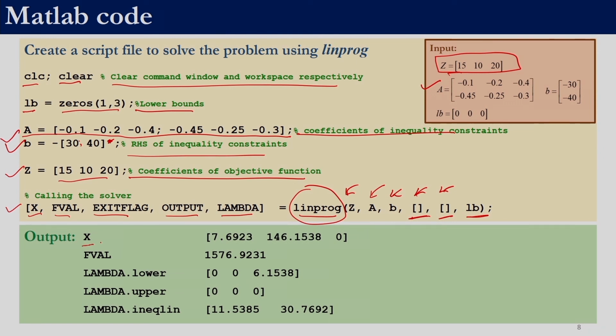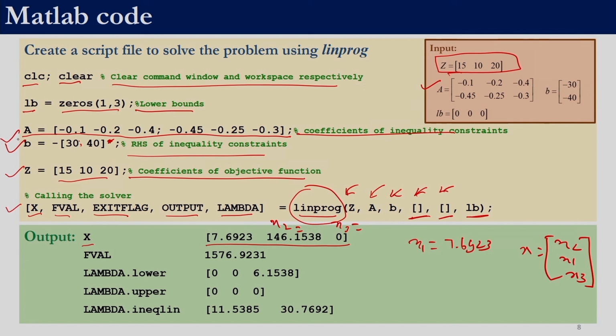We will get the decision variable 7.6923, 146.1538, 0. So this means x1 is 7.6923, x2 is this, and x3 is this, because this is the way in which we had arranged the variables. If our x was x2, x1, x3, then this z would not have been 15, 10, 20, it would have been 10, 15, 20.